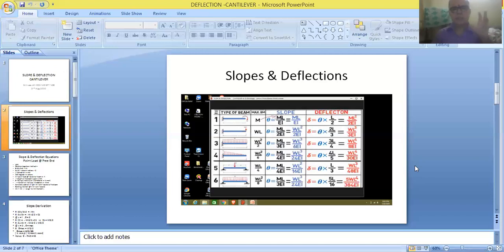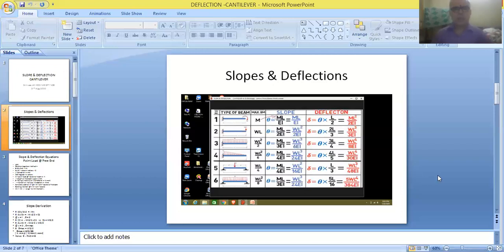So friends, this is a very nice table indicating the arrangement of beams and various loads acting on beams, and finally slope and deflection formulas, or slope and deflection equations, for different beams under the action of different loads or under different conditions.